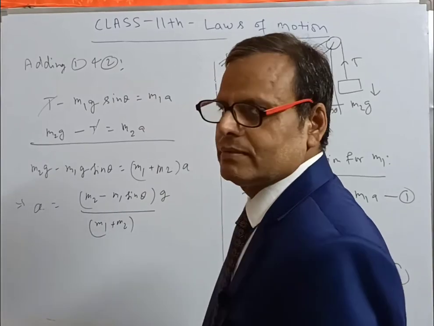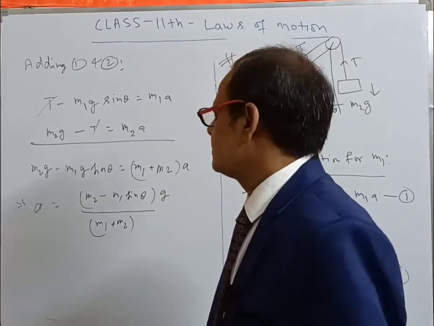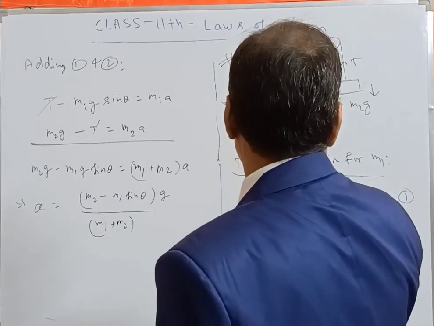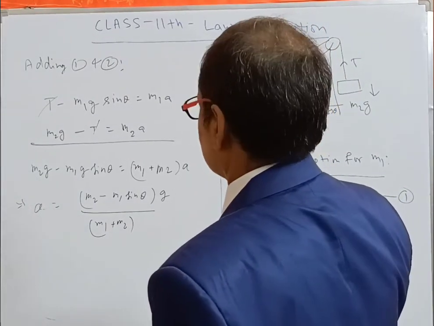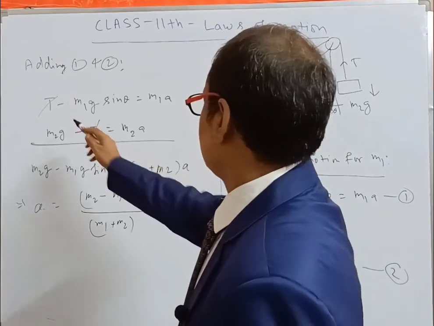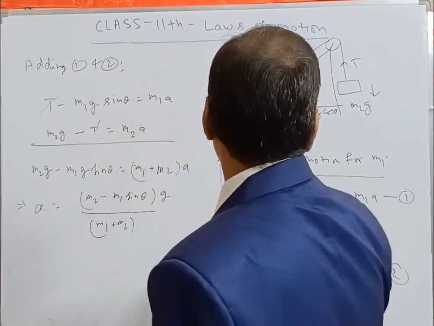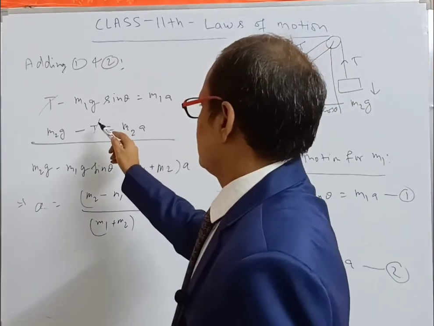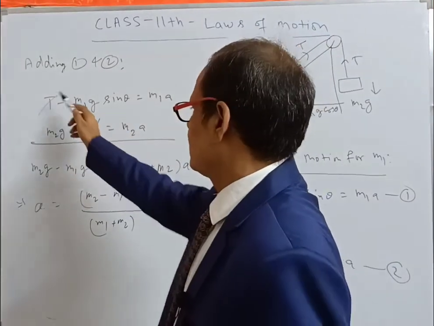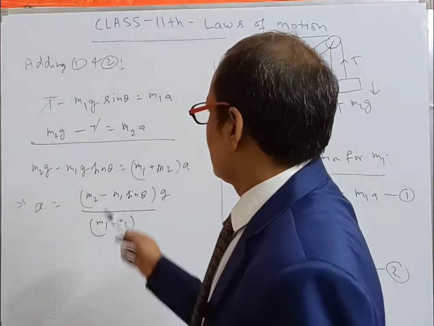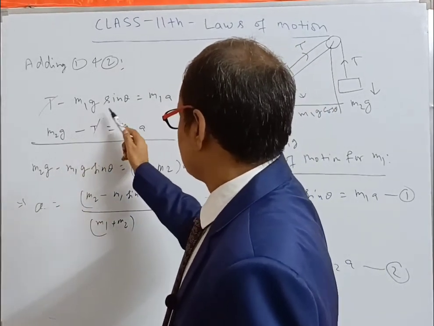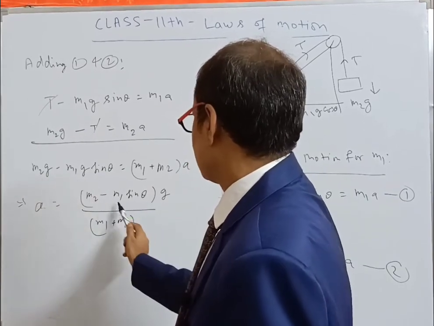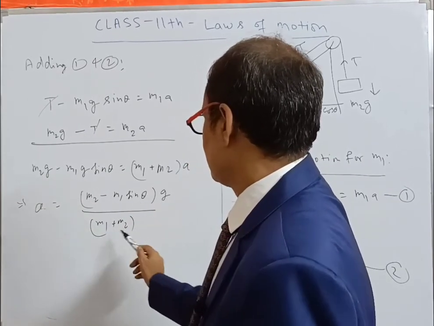We can check the equation again. T minus M1G sin theta equals M1A, and M2G minus T equals M2A. If we add them, T cancels out, and we get M2G minus M1G sin theta. Taking G common, A is M2 minus M1 sin theta into G by M1 plus M2.